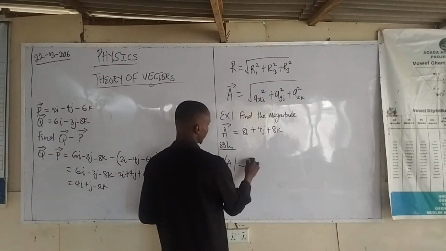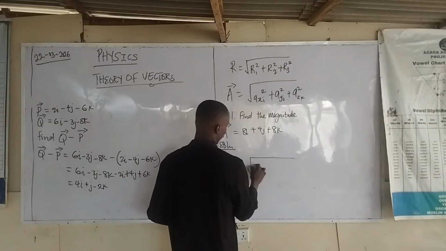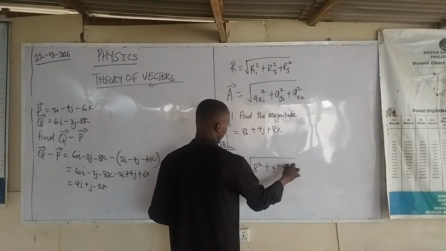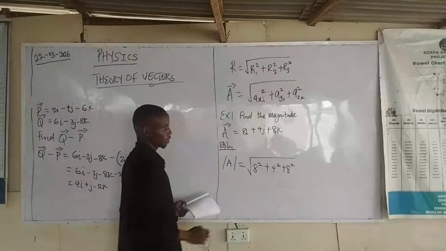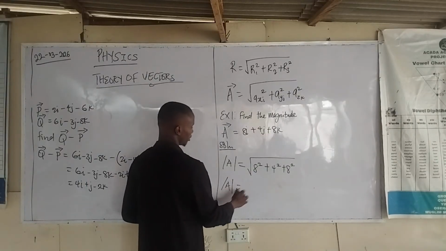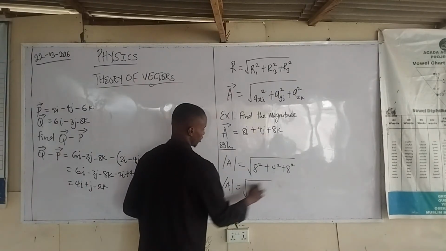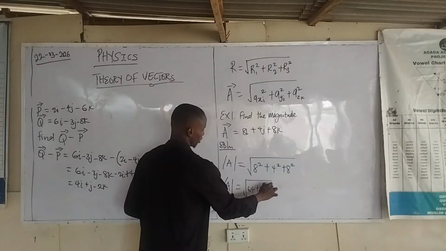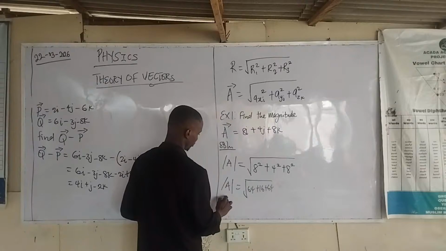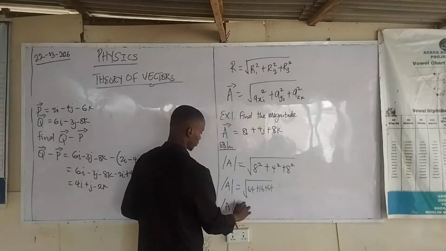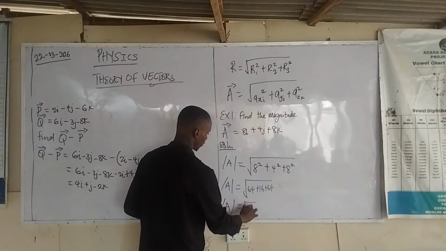So we have this equal to the square root of 8 squared plus 4 squared plus 8 squared. That is 64 plus 16 plus 64, which is 144. So we have root 144, and it is 12.